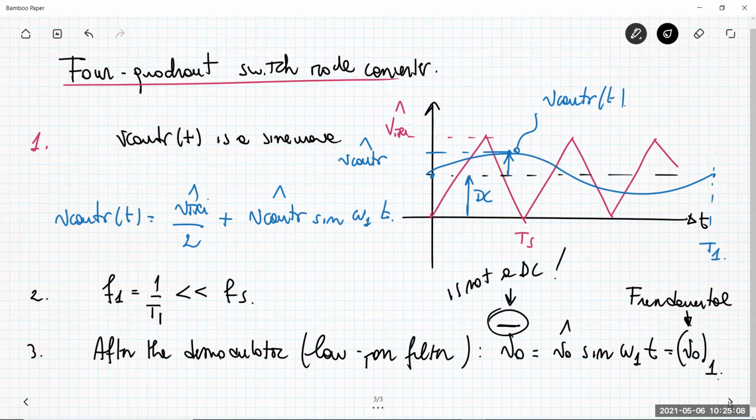It's just the average over any TS period of the switching. It can change period by period, because the control voltage is a modulation that changes. So it is not a DC quantity, it has this variation here. Later on we can see some waveforms that explain graphically what I'm saying now.